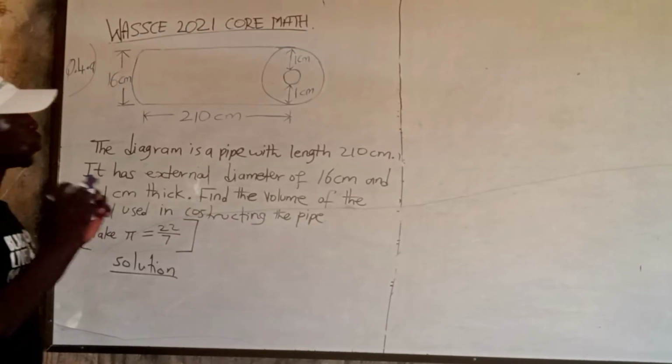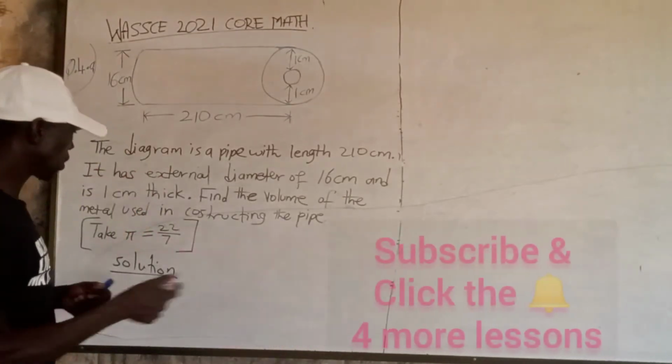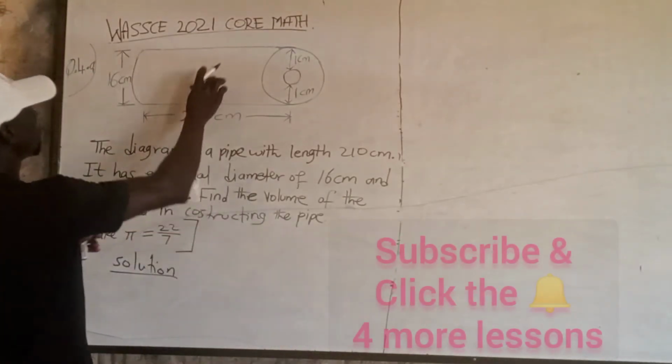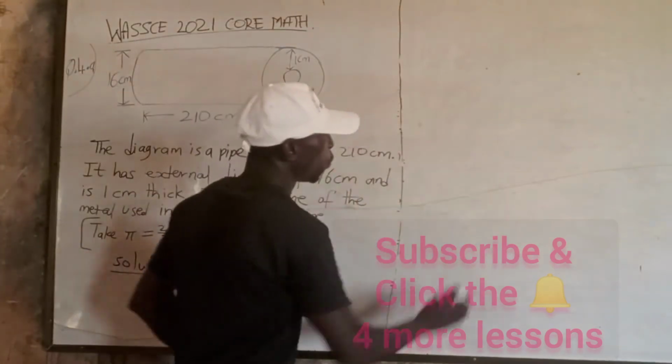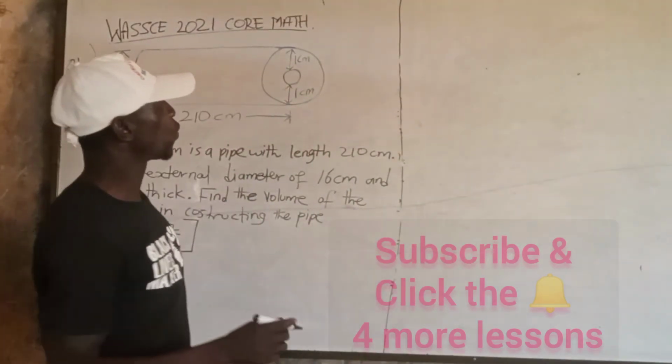So, we are going to do this. We have the bigger pipe, which is this. So, when we separate it, we are going to have this.